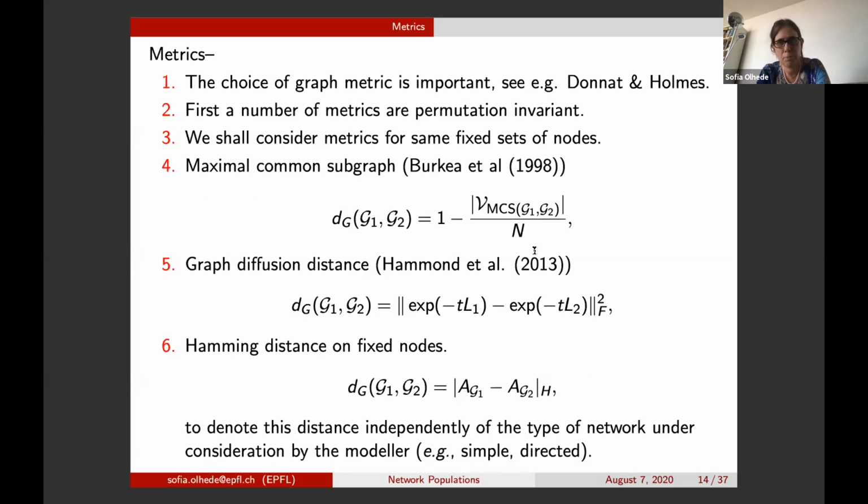And there is a nice review paper by Susan Holmes, which goes through the different possible graph metrics you might want to use. Now, the first choice you have to make is really to decide about permutations. If you have two graphs, the main issue with graphs in general is that the way they're enumerated doesn't really have an inherent meaning. Like if you have a social network where you have edges between Bob, Pam, and Sue, it really is the same social construct if it's between Bob, Pam, and Sue, or Sue, Pam, and Bob, right?